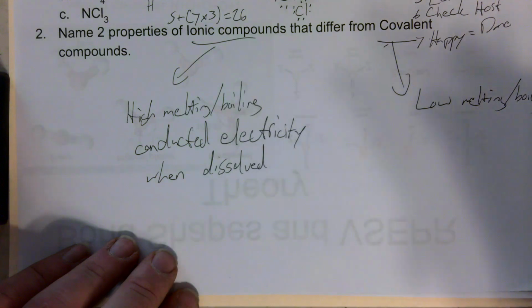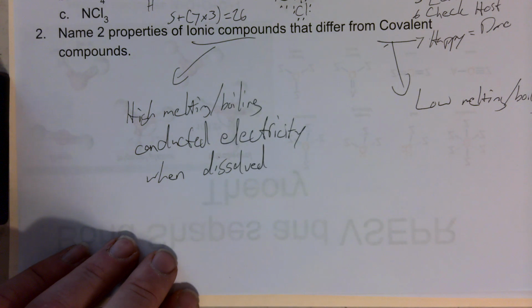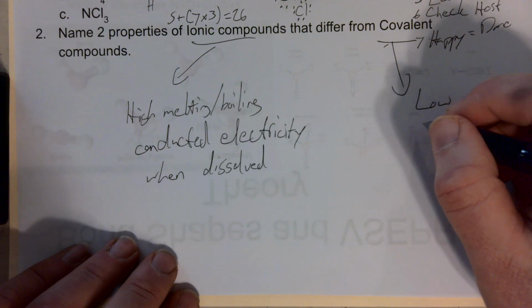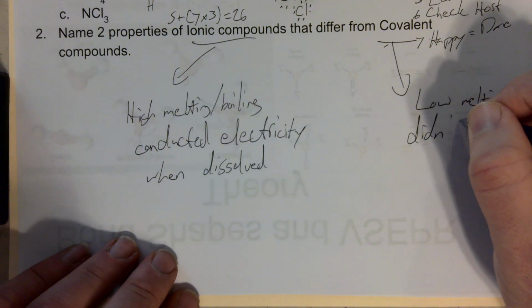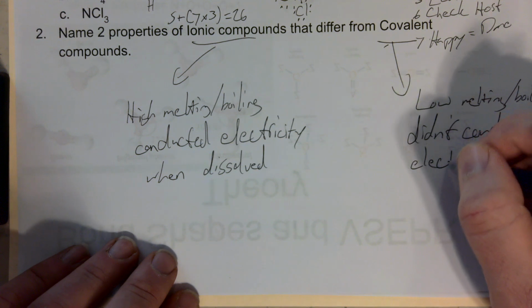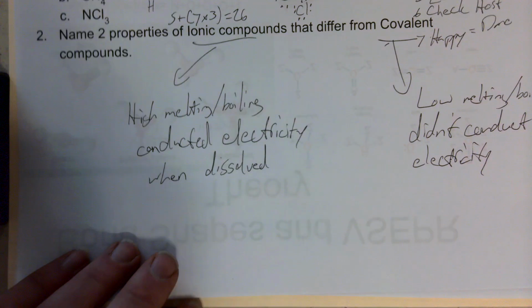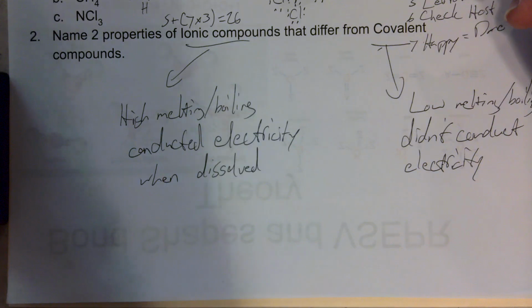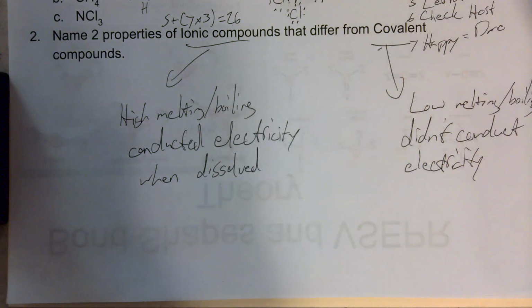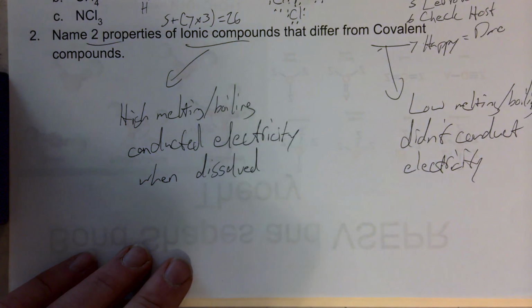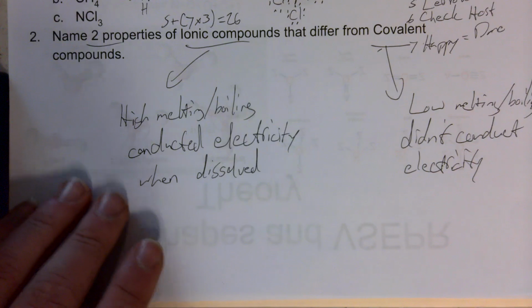But even when we used the electric current detector, we saw that both the sugar and the wax didn't conduct electricity. So those are 2 very easy ones to think of. And that's all we asked for. We asked for 2. And those 2 came directly from the lab that we got done not that long ago. So, check. We're good to keep moving forward.